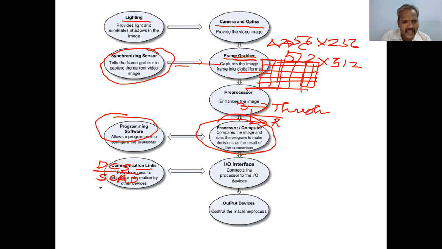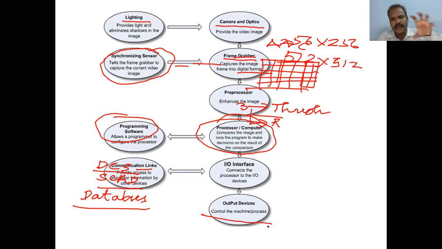There are various communication modules called data buses: industrial data buses like Modbus, Profibus, and process control bus. Various network buses are connected for the I/O interface. Finally, the output devices control the machine or manipulator of the robot.